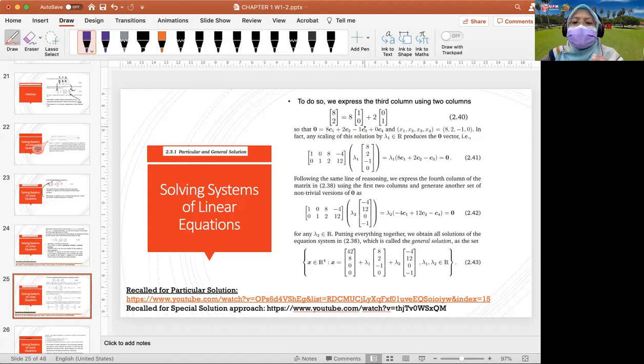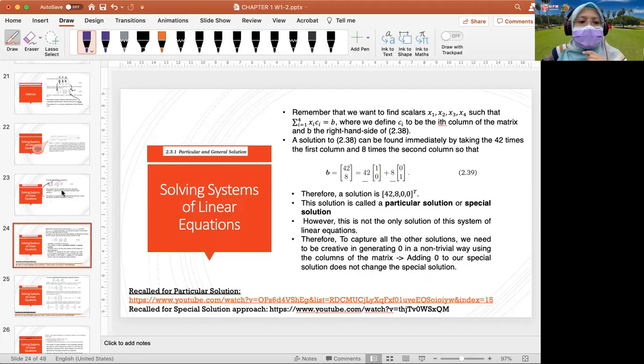It's just that now we present the B value in the first and second columns of A. In this case, we present the third and fourth columns of the matrix A in terms of the first and second columns.